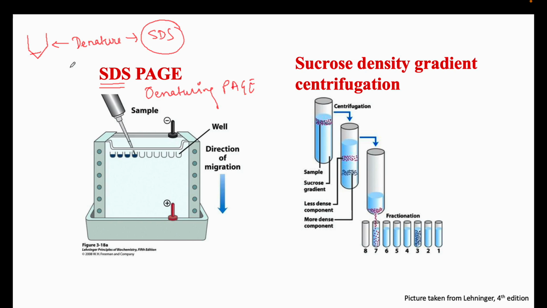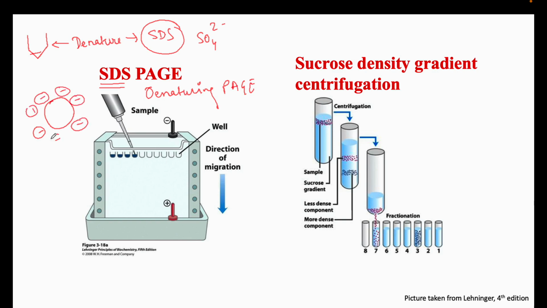Okay, this sodium dodecyl sulfate, as the name suggests, has sulfate molecules which will impart a negative charge on the protein. It will impart an overall negative charge on the protein.